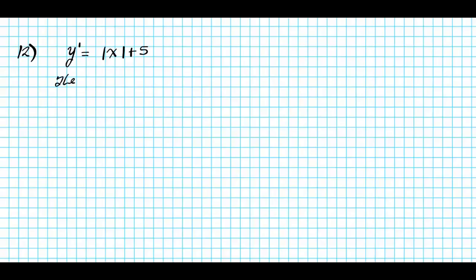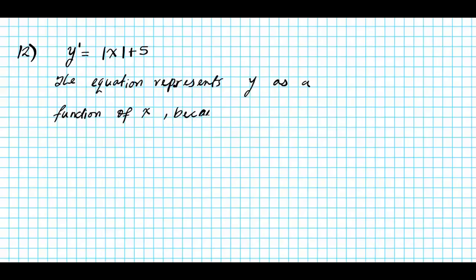So the equation represents y as a function of x because, how do we know? y has an odd power, and odd power with no absolute value bars, okay, with no absolute value bars.